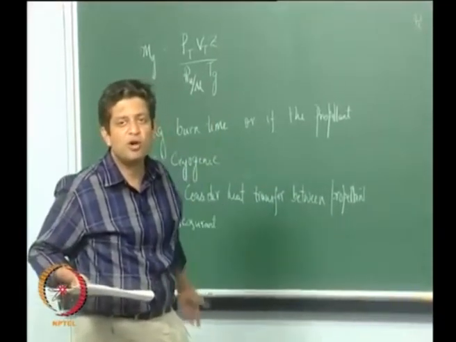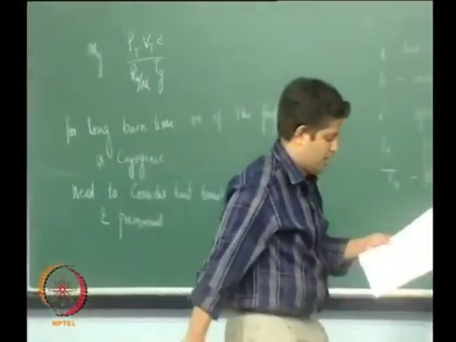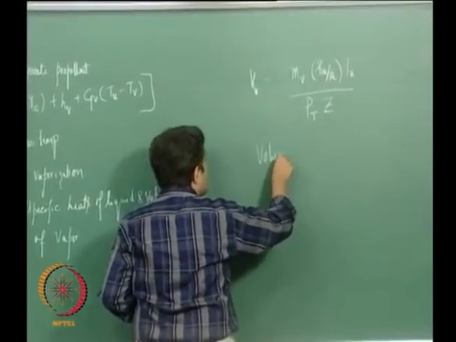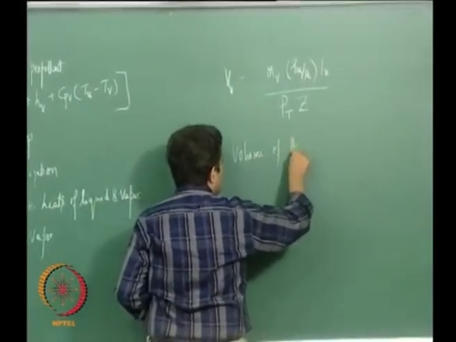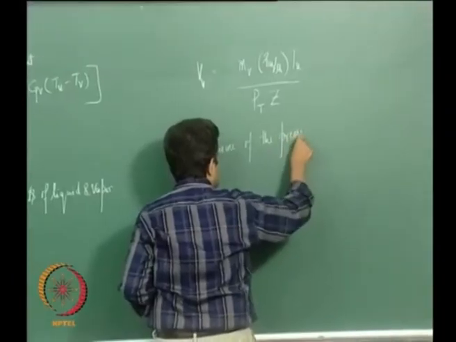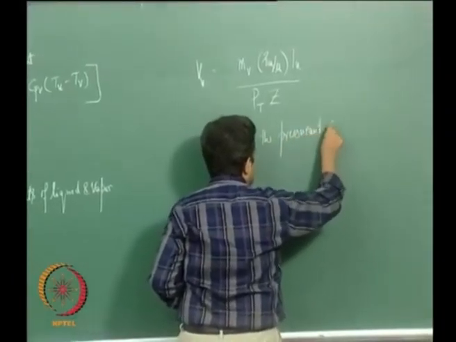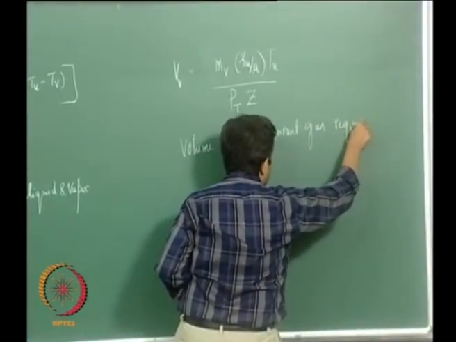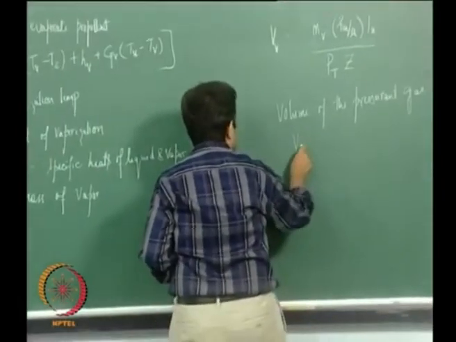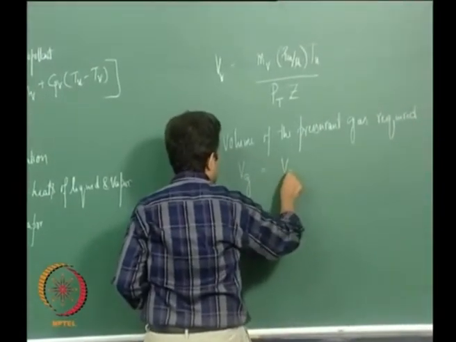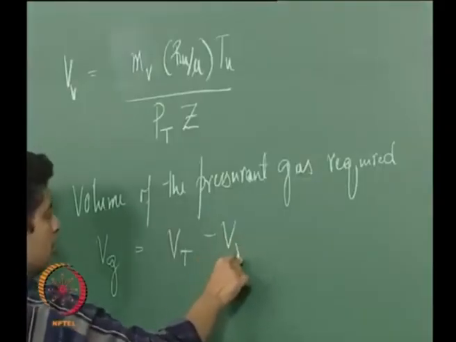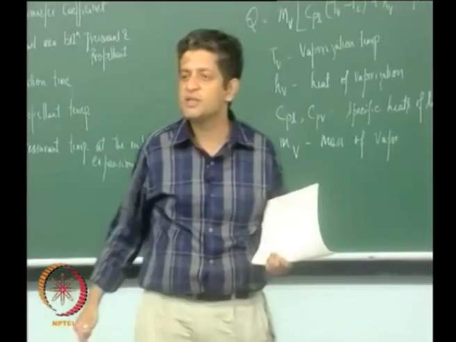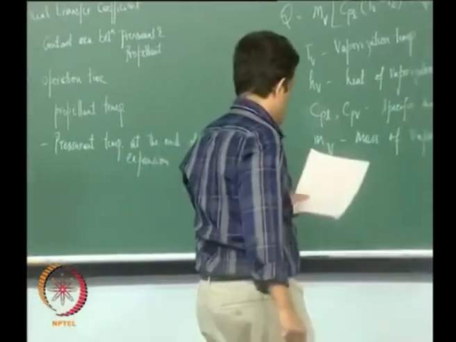So you need a smaller volume of the pressurant gas. So that is... right, and based on this we can calculate again the mass of the pressurant required from the same relationship.